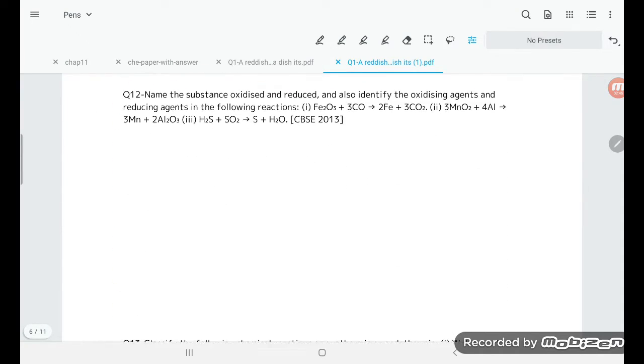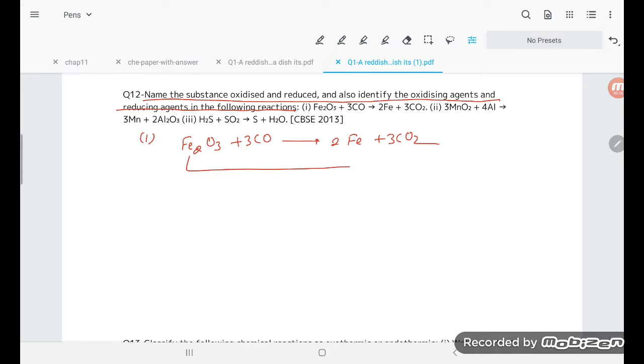Now name the substance oxidized and reduced, and also identify the oxidizing and reducing agent in the following reactions. So first of all let me write the first one, Fe2O3 plus 3CO, it is going to give 2Fe and 3CO2, right?